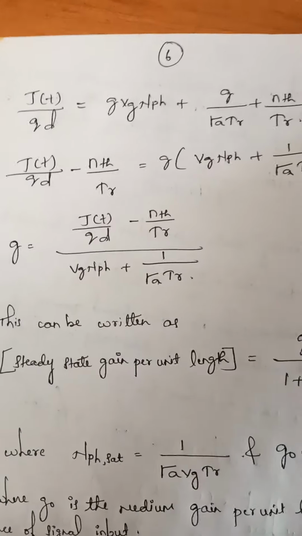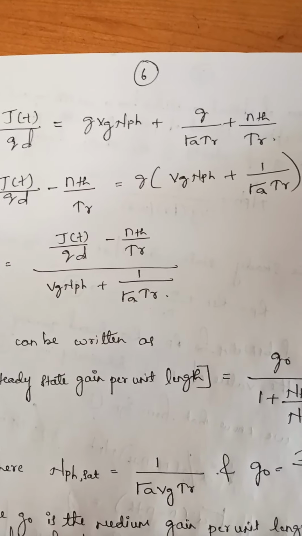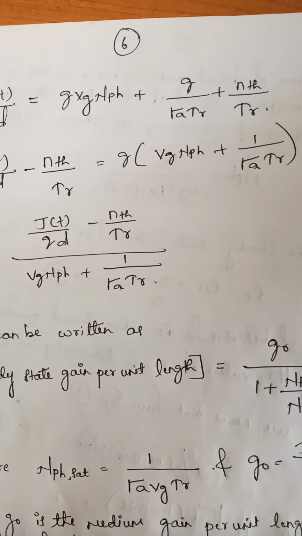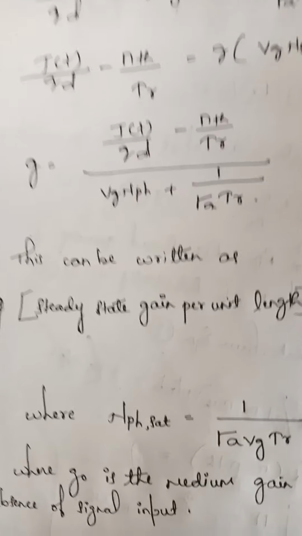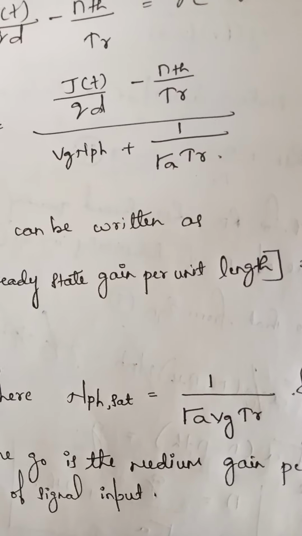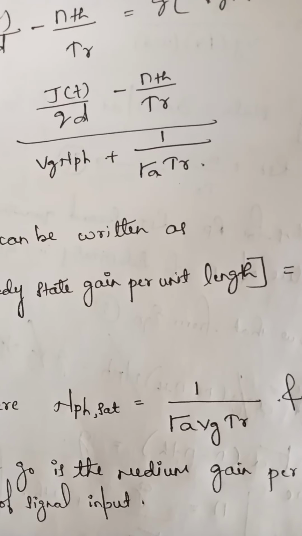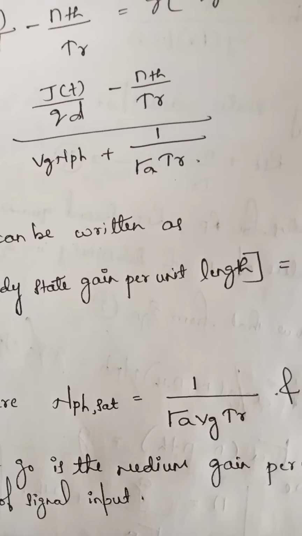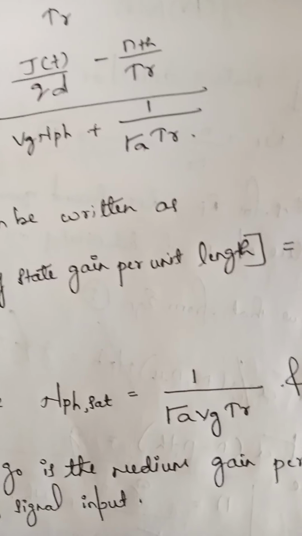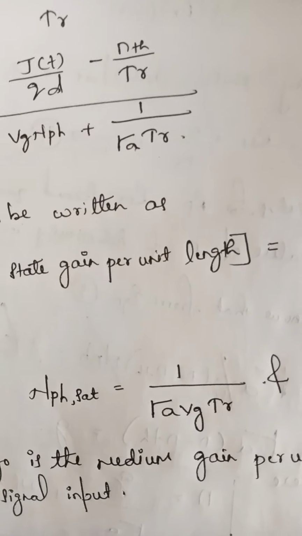I have taken the Nth/tau R from the RHS to the LHS. So we get G, by rearranging the equation, equal to (J(t)/qd minus Nth/tau R) divided by (Vg Nph plus 1/(Gamma A tau R)).